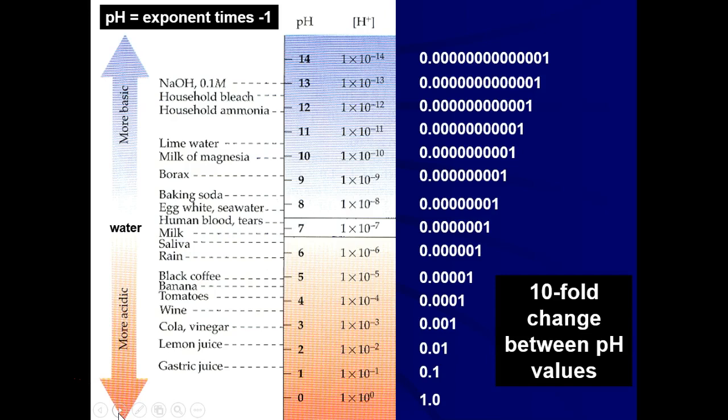So we usually say that acids range from 0 to 7, and that bases range from 7 to 14. But if you go on to take chemistry, you'll find out that there are solutions, substances, that have negative numbers that go beyond 0 and go beyond 14. It doesn't end at 14, and it doesn't end at 0.